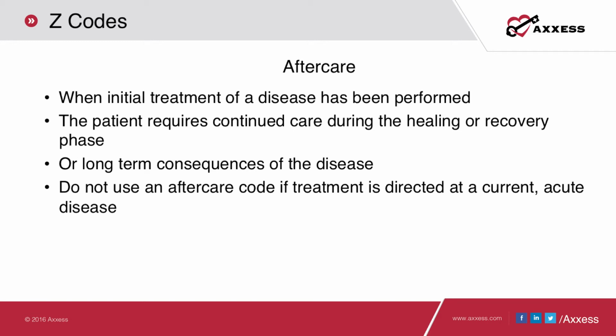If that same patient, however, ended up with a post-op infection, that's no longer aftercare, it's now a complication of surgery, and we would code the complication and the infection. So I hope that helps clarify the difference between aftercare and complications.